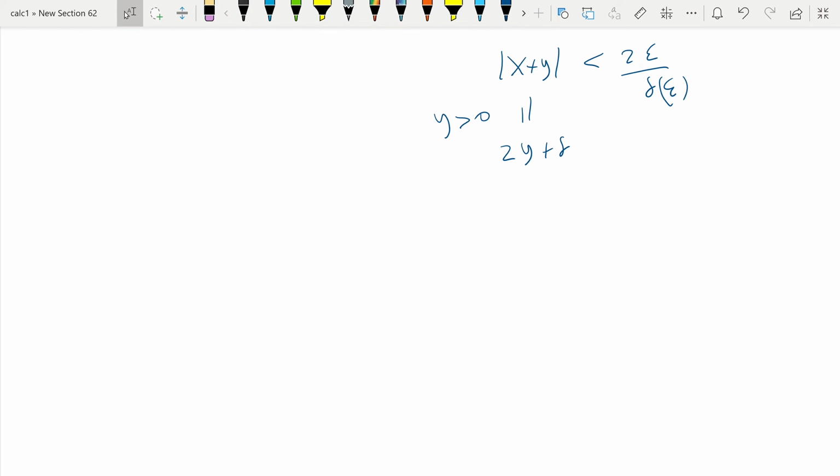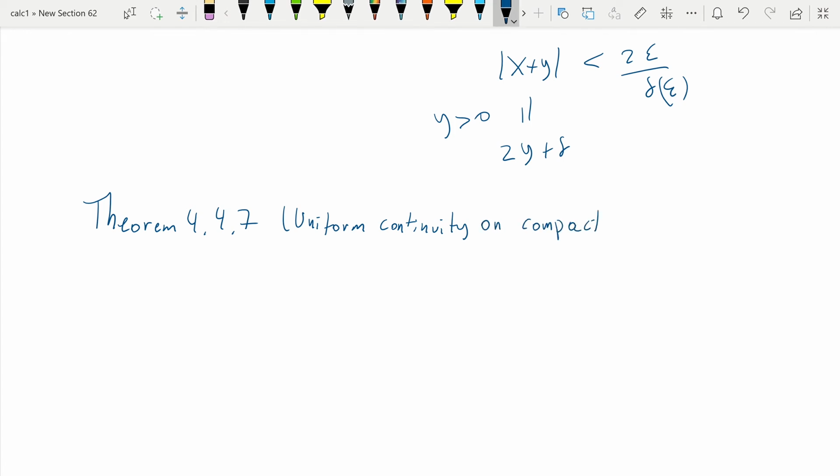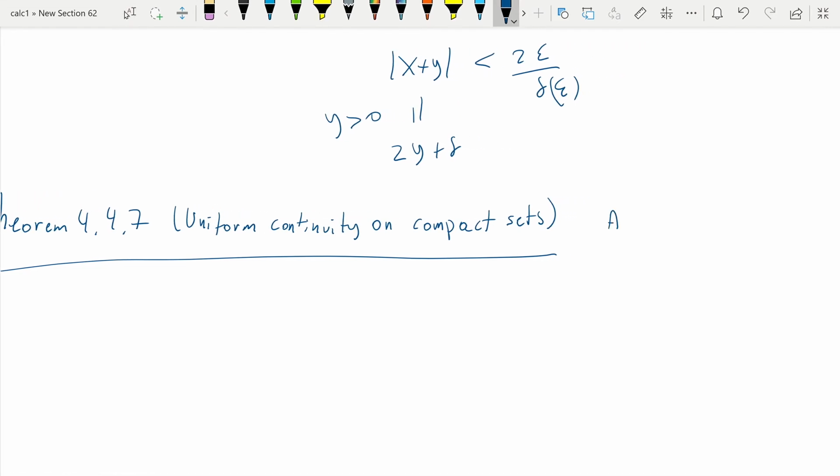So this is the theorem. Theorem 4.4.7, uniform continuity on compact sets. So what does it say?